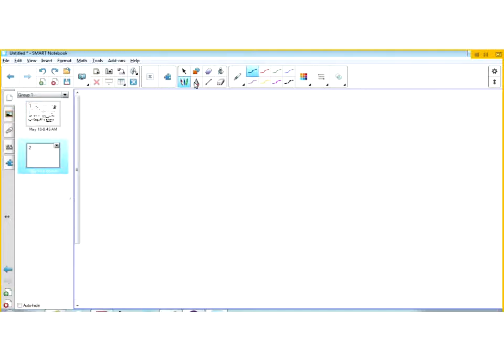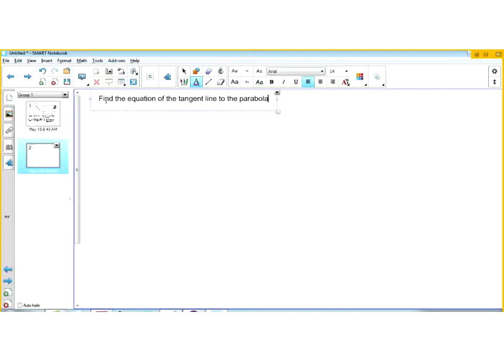So knowing this, we can go back and revisit a problem that started this chapter, and that is: find the equation of the tangent line to the parabola y equals x squared at the point (1, 1). All right.